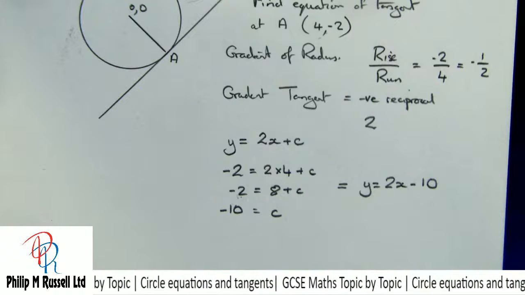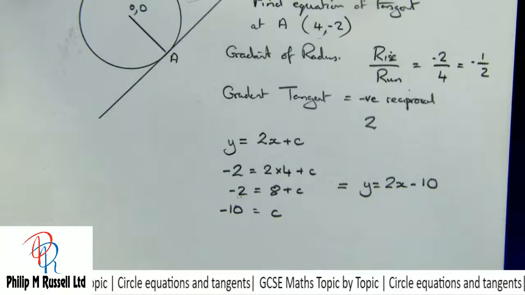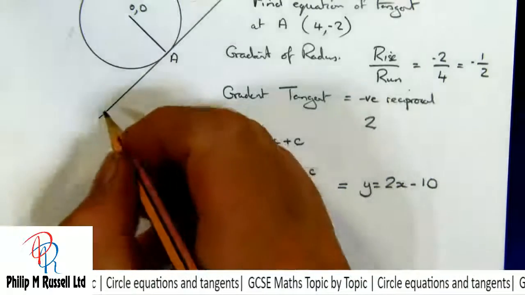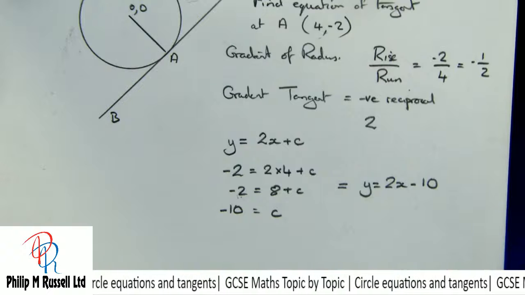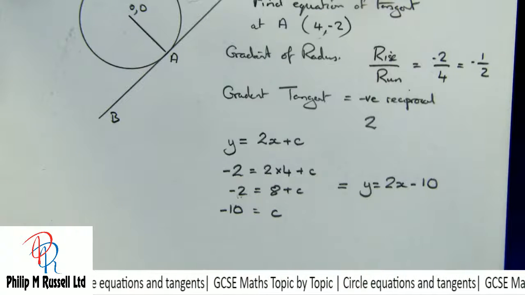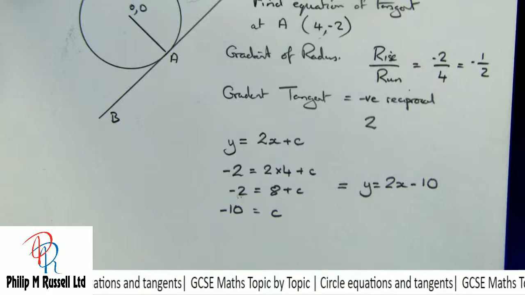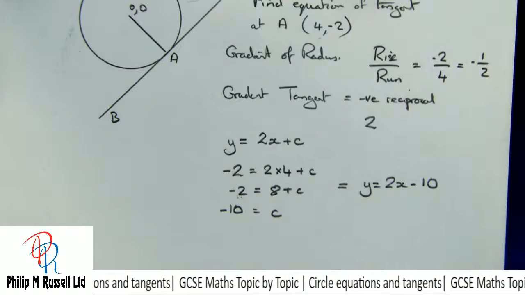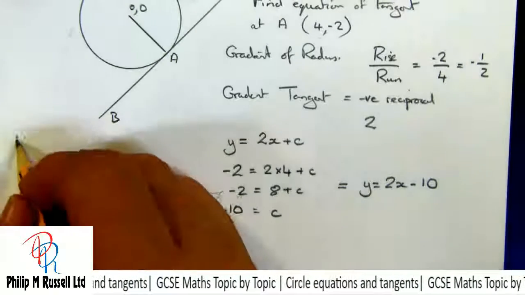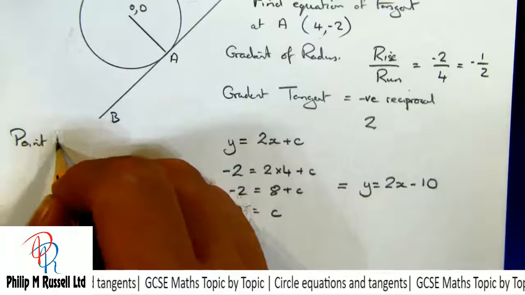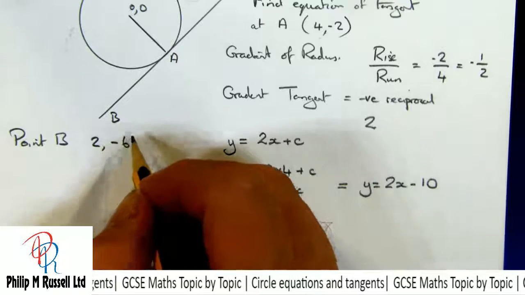Now, other things they can ask you. Well, it says there's a point B here, and we've got to show that that point B lies on the tangent. So let's suppose we say that point B is going to be 2, minus 6.